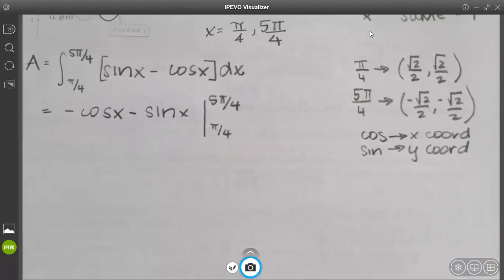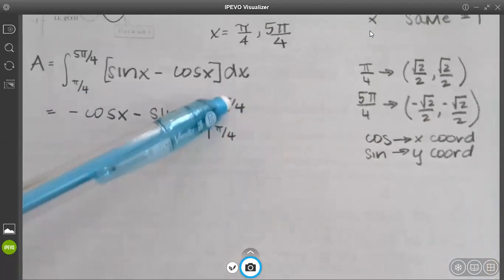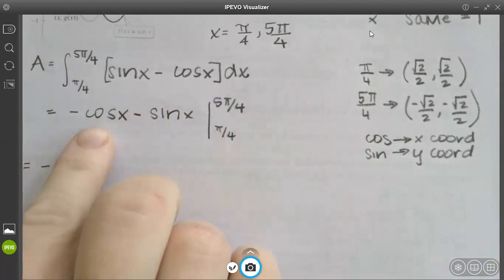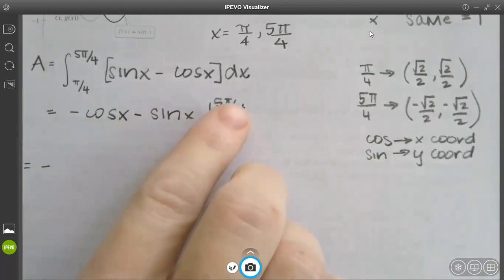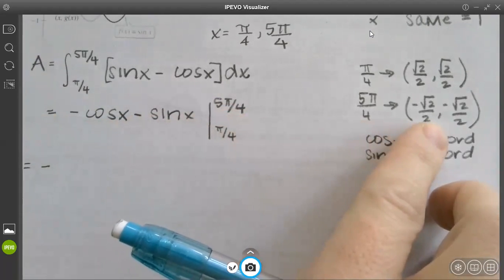All right, which one do we do first? The big one, so negative. Which one would be cosine of 5 pi over 4? So go to 5 pi over 4 and we look at the x coordinate. So what do we get?